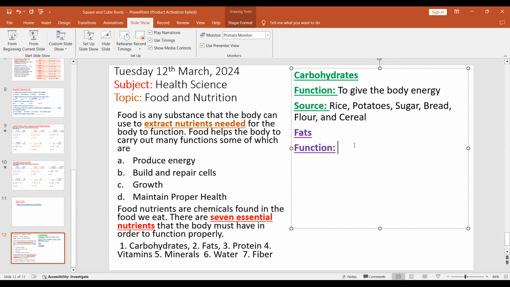So function. The function of fats is to store energy and also to provide warmth to the body. Now, how does fat provide warmth?